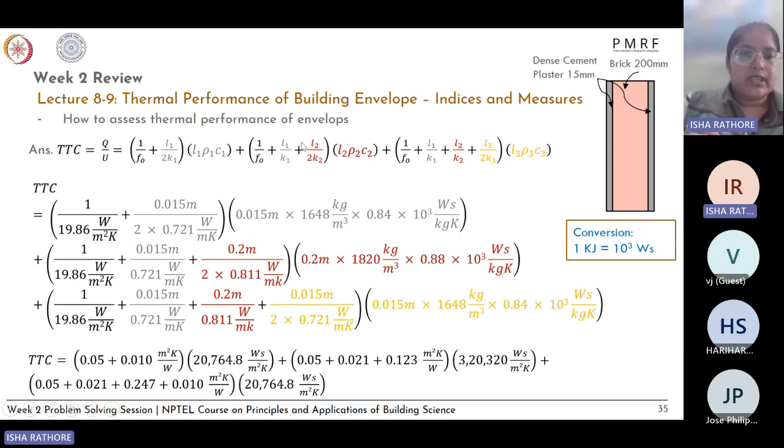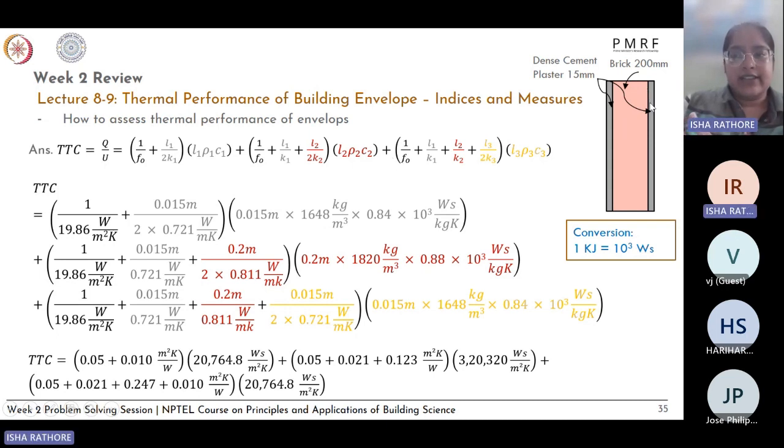So thickness of layer 1 divided by thermal conductivity of layer 1, plus thickness of layer 2 divided by 2 times thermal conductivity of layer 2, into thickness of layer 2, density of layer 2, and specific heat of layer 2.